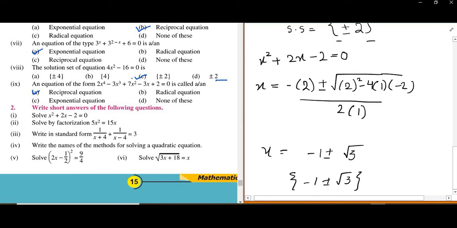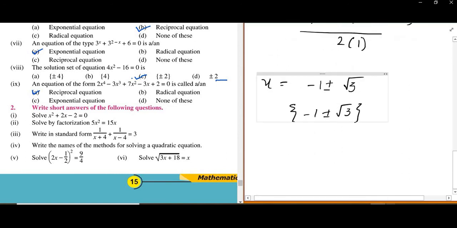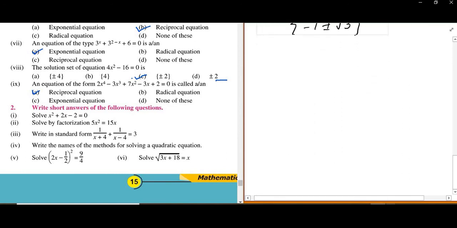Solve by factorization. The second one is solved by factorization. Question 5x square equals 15x. So 5x square minus 15x equals 0.